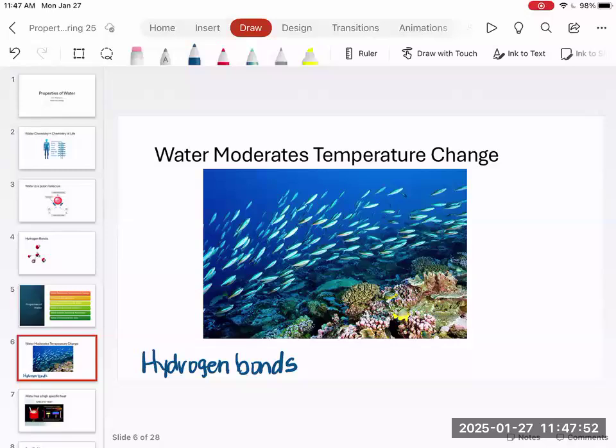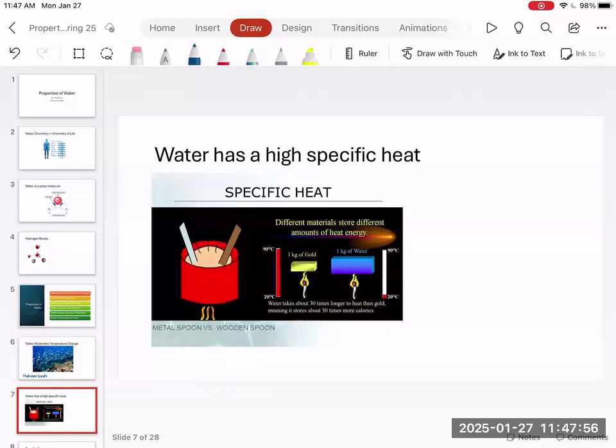And what do I mean by that? What I mean by that, from a chemical standpoint, is that water has a high specific heat. So, just to define specific heat for you, I'm going to write that definition out for you.